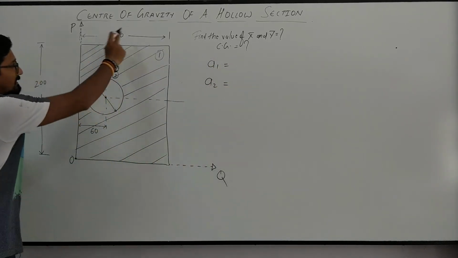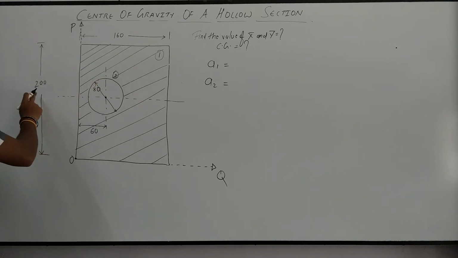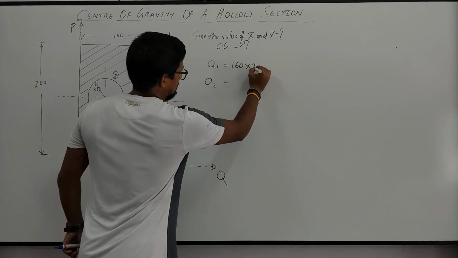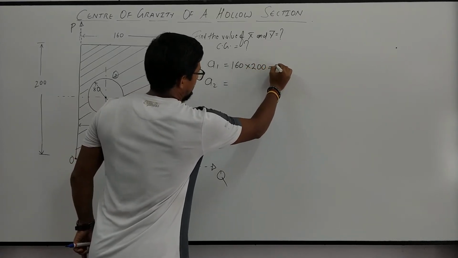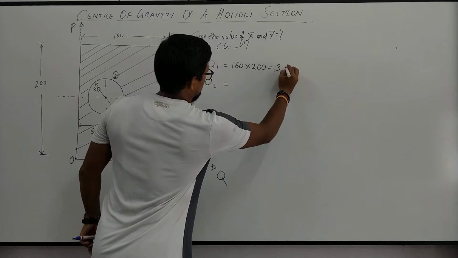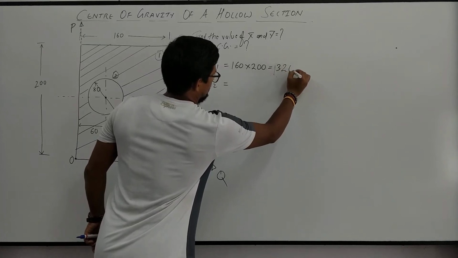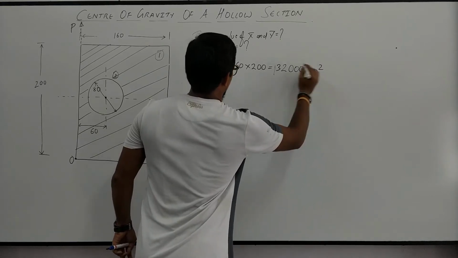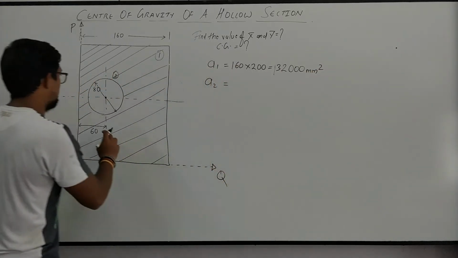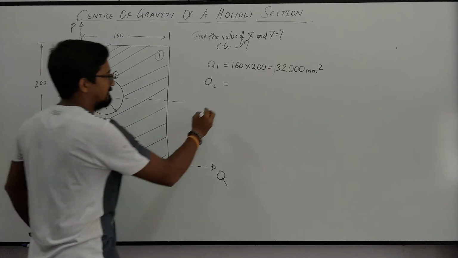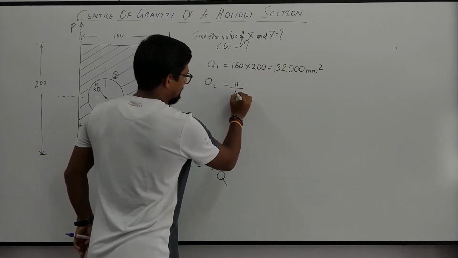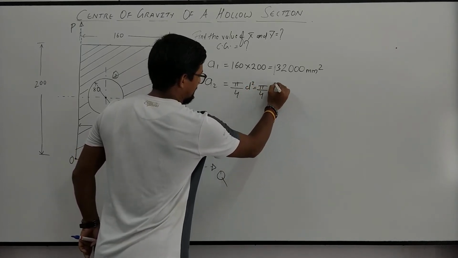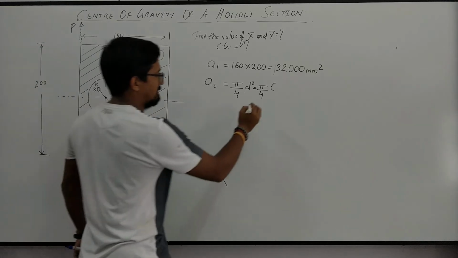So A1 will be the rectangle, 160 into 200, so it will be 32,000 mm square, and A2 will be, since 80 is the diameter, pi by 4 d square, which is equal to pi by 4 into 80 square.